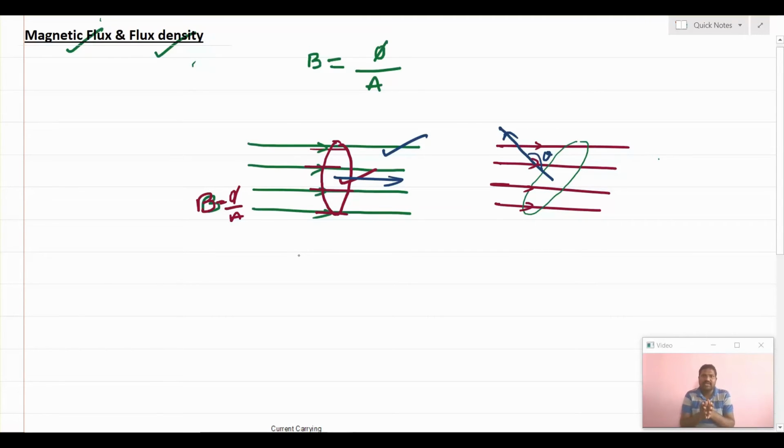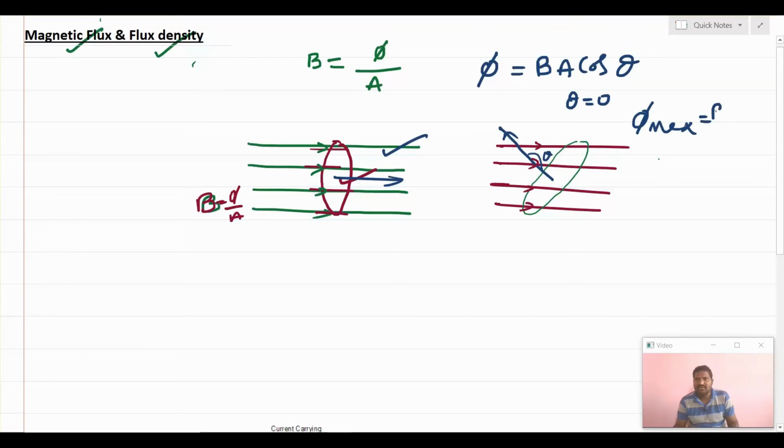Suppose a coil is making an angle theta with the magnetic lines of force, that is, the axis of the coil or plane is making an angle with the magnetic flux, then we can write the flux phi is equal to BA cos theta. Suppose theta is equal to 0, that means phi max is equal to BA.